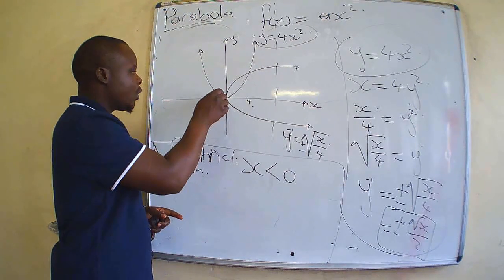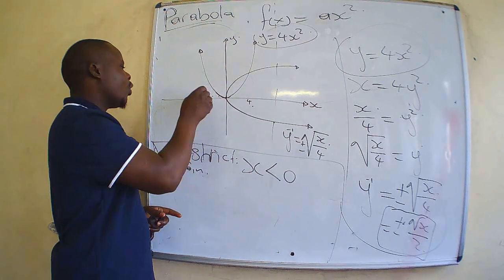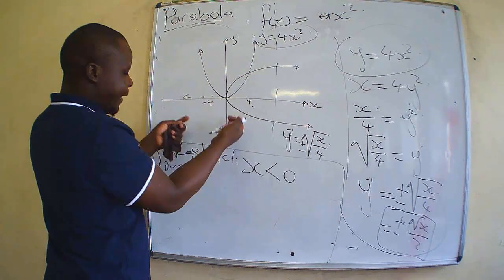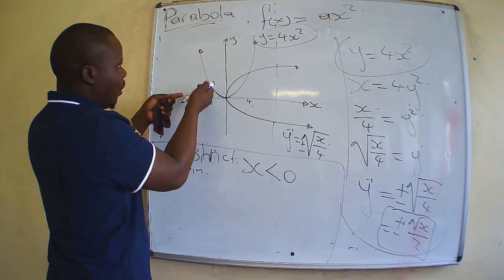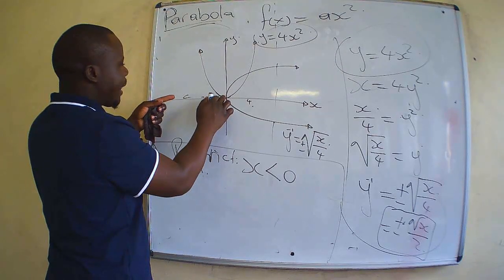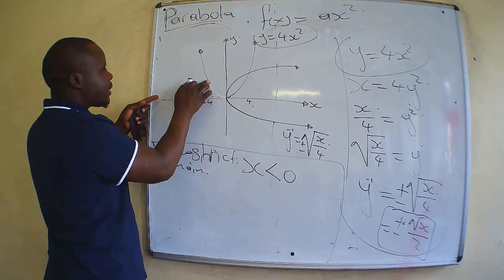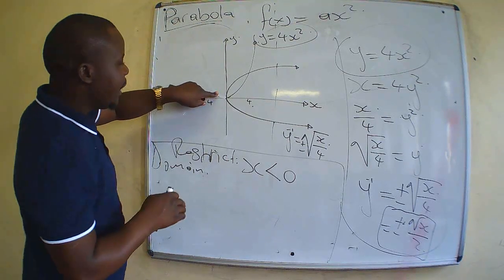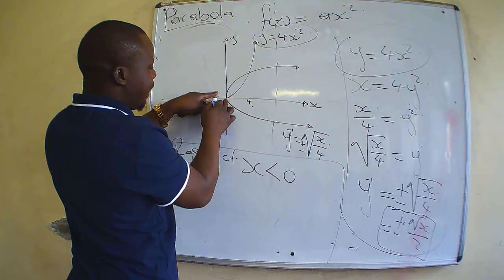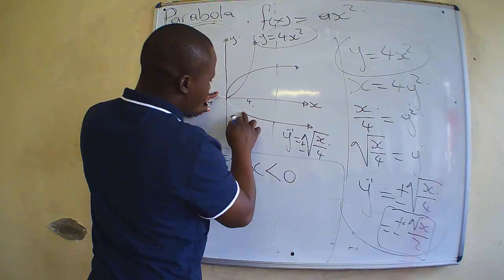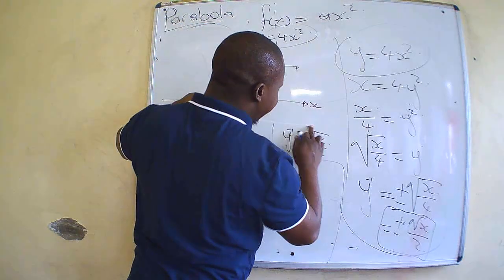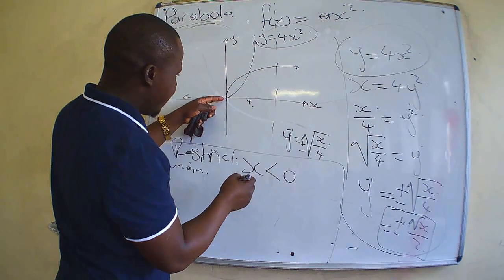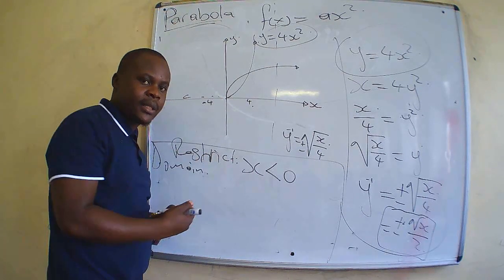Remember, x less than 0 is found from this point going this side. So this is x less than 0. Restricting this on the original means we are cancelling this. Once this is cancelled, we have also restricted the range, whereby y is less than 0 on the inverse.